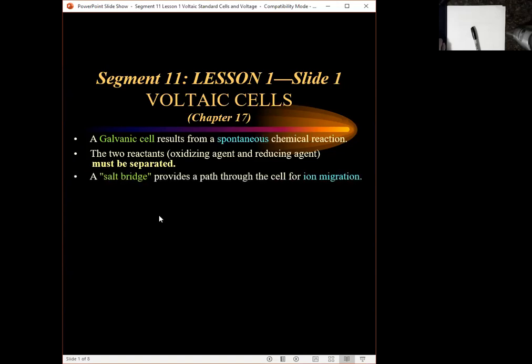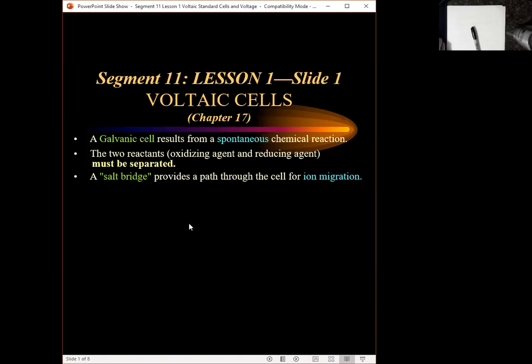We do that with what's called a salt bridge to provide a pathway through the cell for the ions to migrate. So if I've got a cathode in one cell and an anode in the other cell, I have to put them in separate containers, and then I can put a salt bridge across them to connect the two cells.